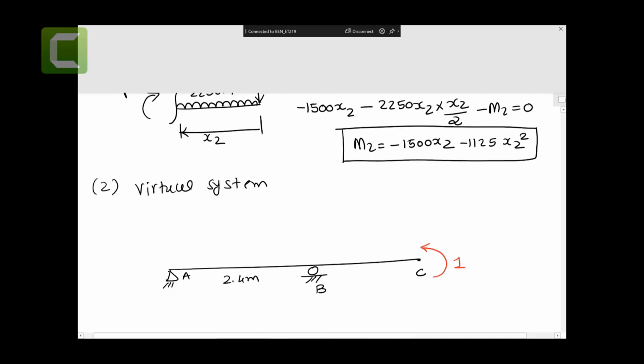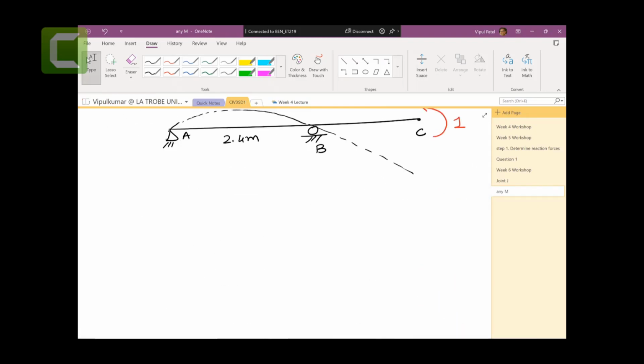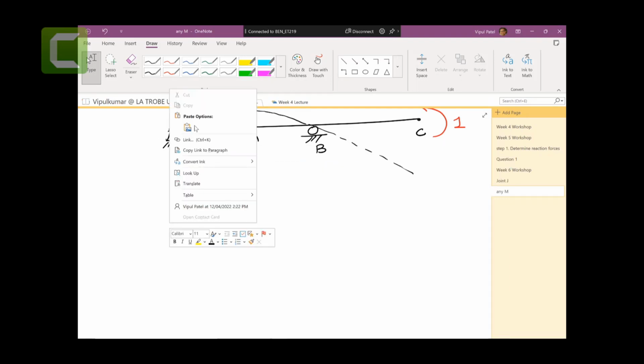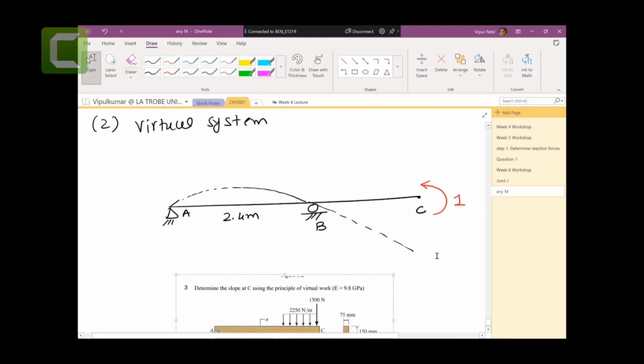As I mentioned, if you don't know, you can imagine what the loading and displacement curves look like. Based on these loading conditions in the system, I would imagine this kind of displacement curve in the dotted line.